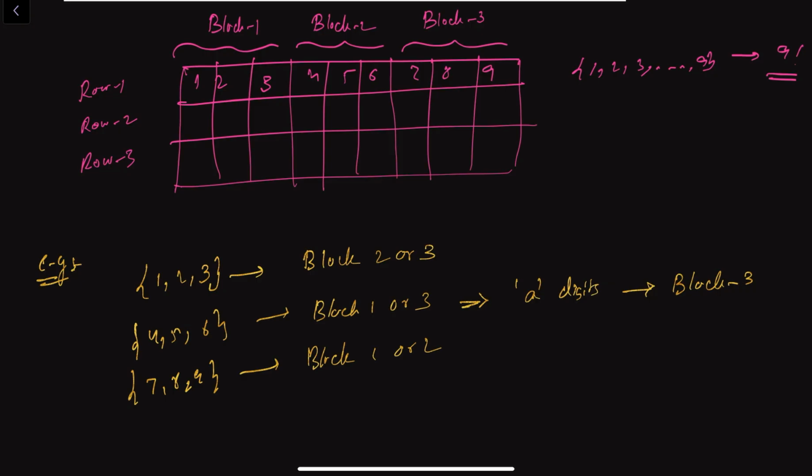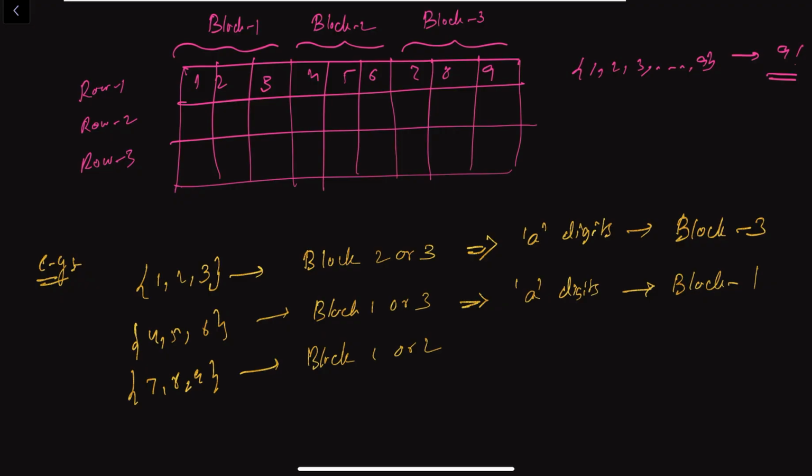And let's also say some A digits of 1, 2, 3 are going to block 3, and A digits of 4, 5, 6 are going to block 1, because either 1 digit can go, or 2 digits, or 3 digits, or none of the digits can go to either block 1 or block 3. The same thing happens in the other cases too.